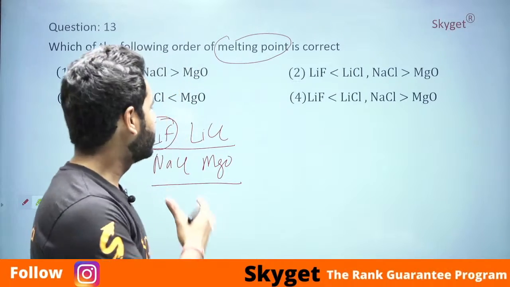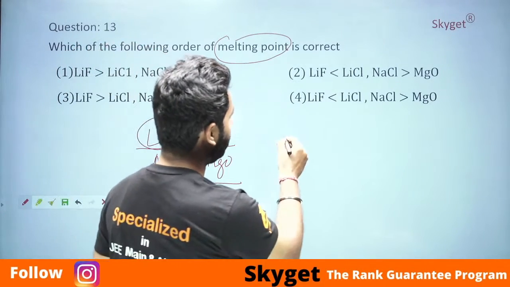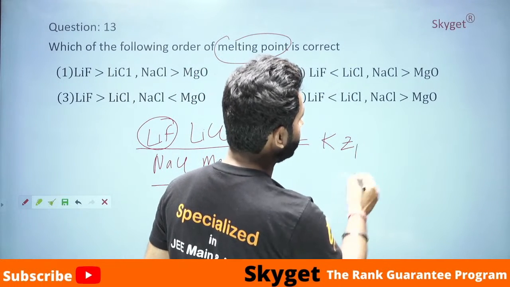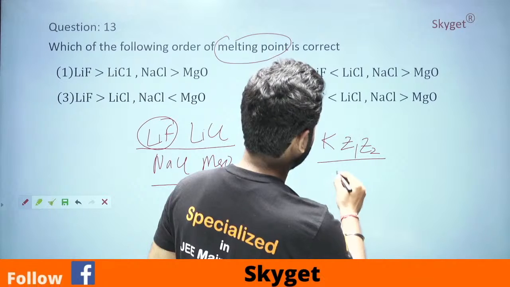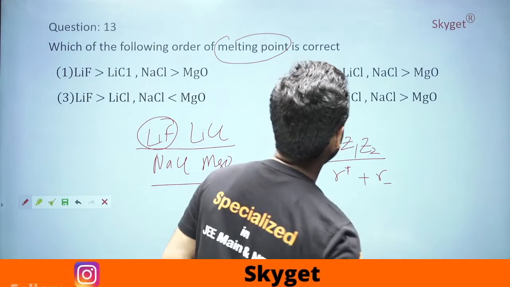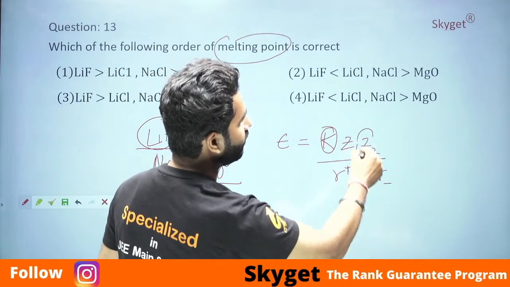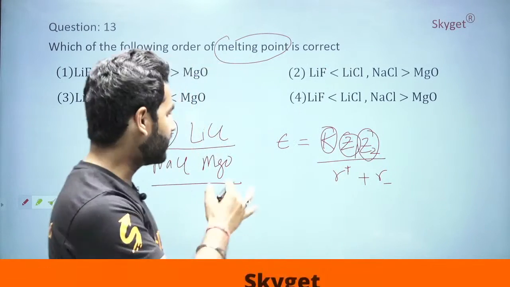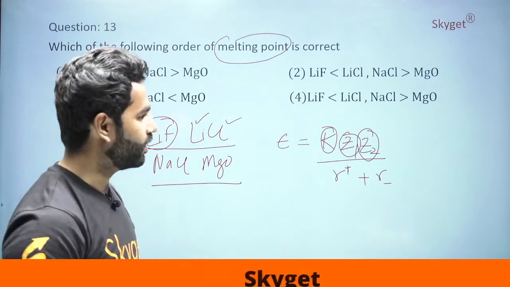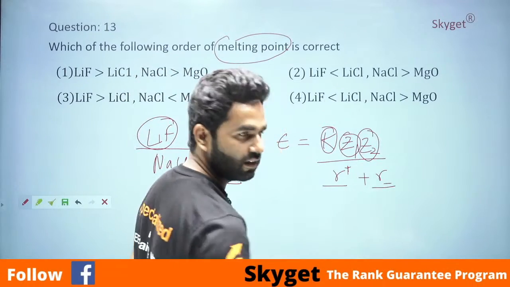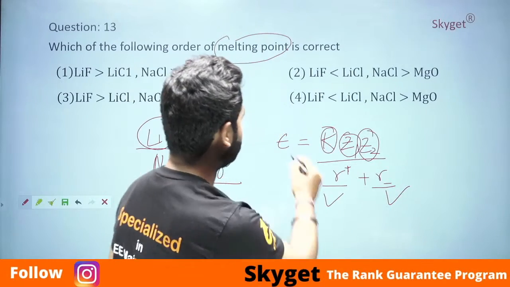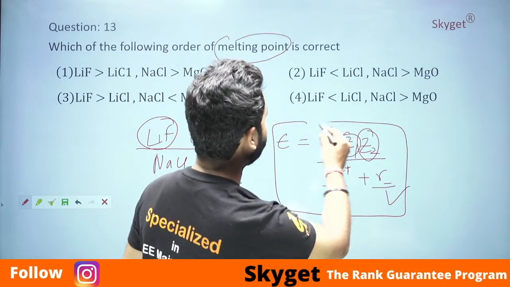We can denote this lattice energy by E. E equals K times Z1 Z2 upon R plus R minus. Here K is a constant, and Z1 and Z2 are the charges upon the cation and anion. R plus and R minus are the ionic radii of the cation and anion. This is the basic formula of lattice energy.